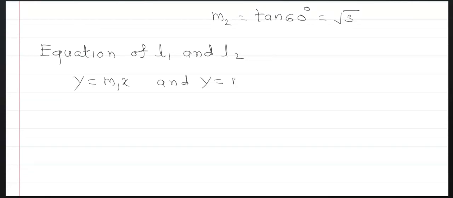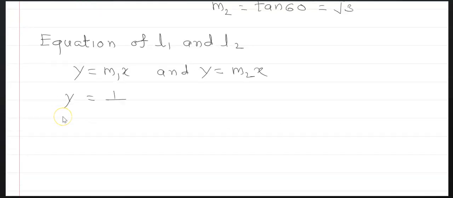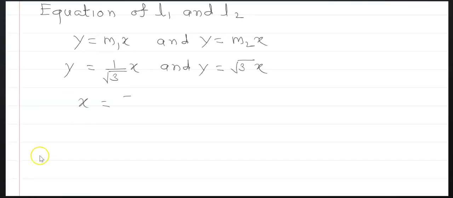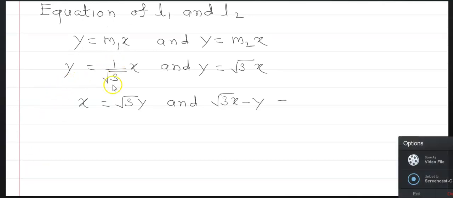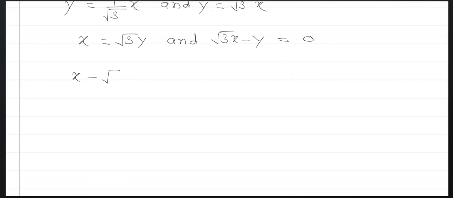Equation of L1 and L2 is y is equal to m1x and y is equal to m2x. Substitute the values. Therefore, you will get y is equal to 1 upon root 3 x and y is equal to root 3 x. And therefore x is equal to root 3 y and root 3 x minus y is equal to 0.